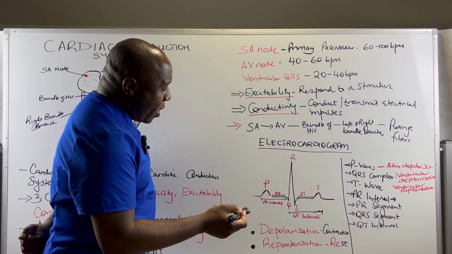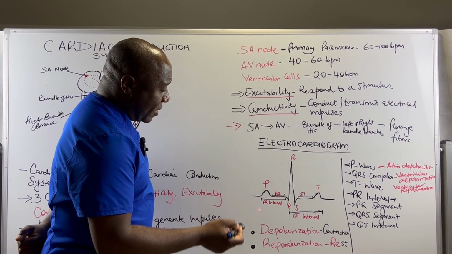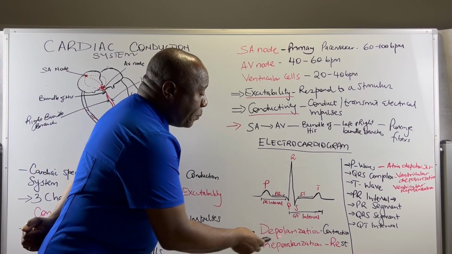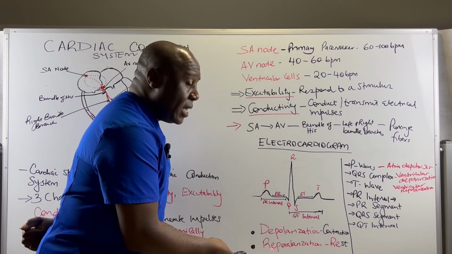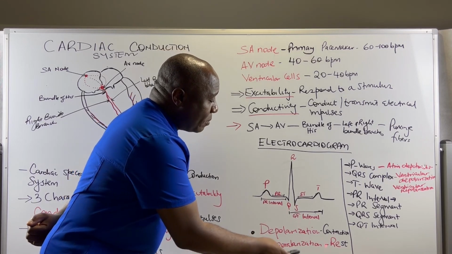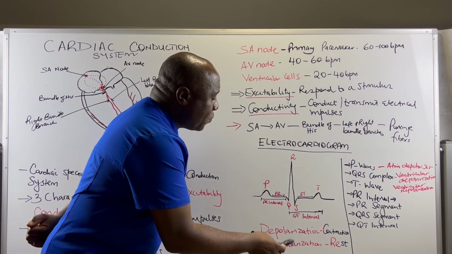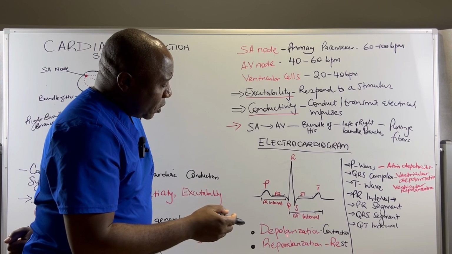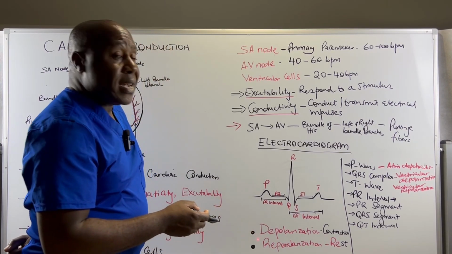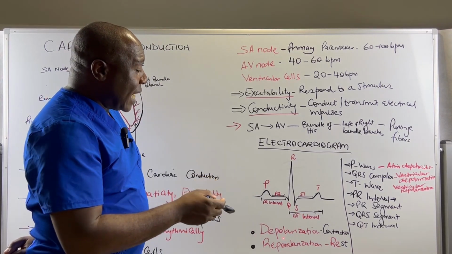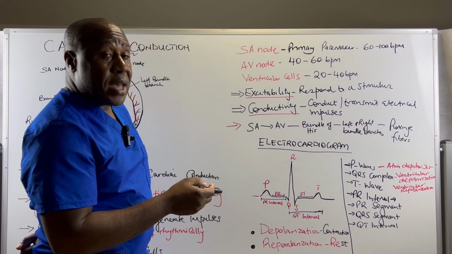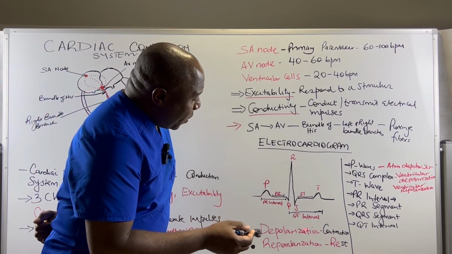Now, before we look at the P wave, there are two terms I want us to look at: depolarization and repolarization. These two terms just refer to the mode of the heart at different times when this electric impulse is traveling through the heart.